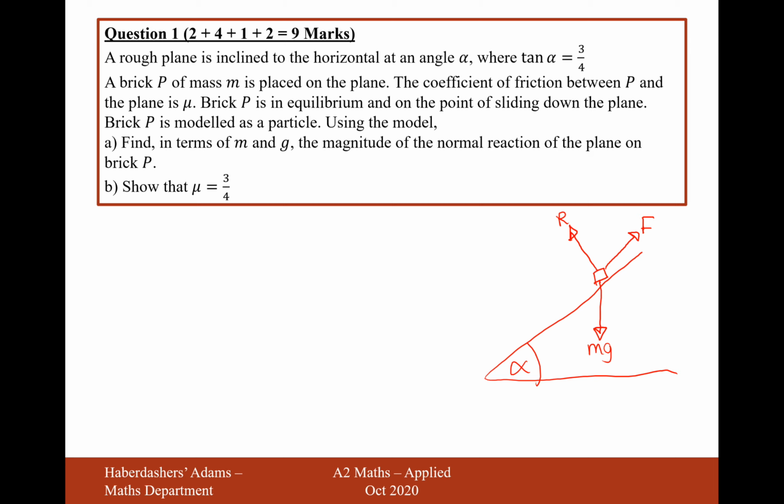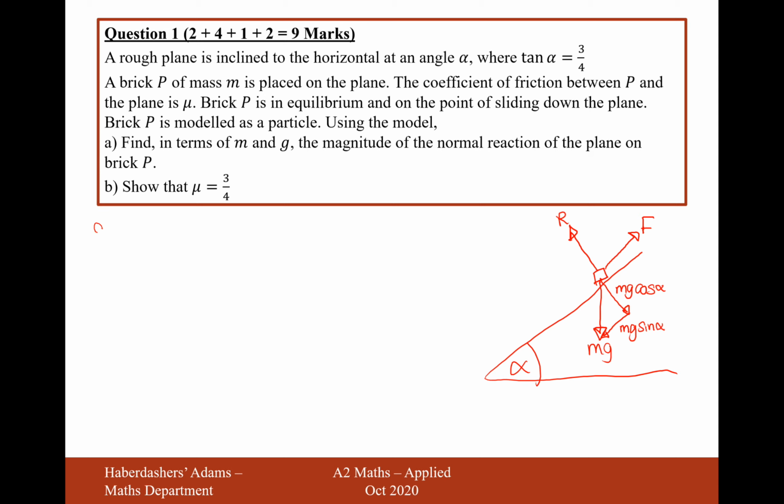So there we are. From the description that we're given in this question, this is the diagram that we can draw. So now if we want to work out the normal reaction, that's this reaction force here, that's R, we have to resolve the weight force of the brick. So that's going to be mg cos alpha and mg sine alpha.